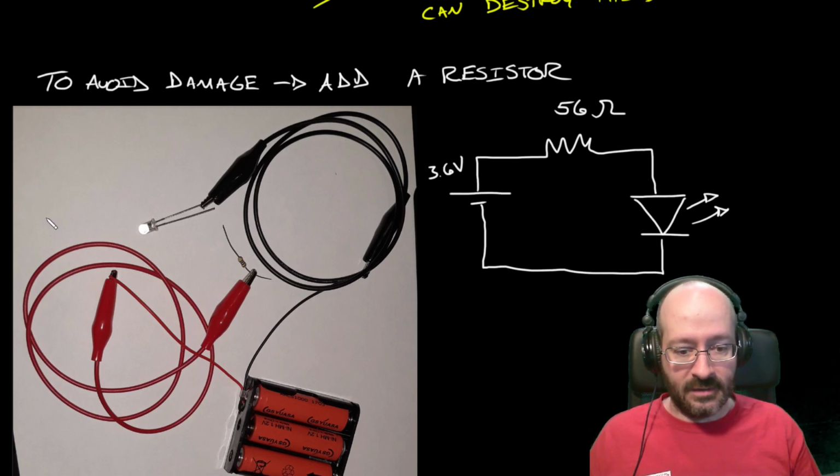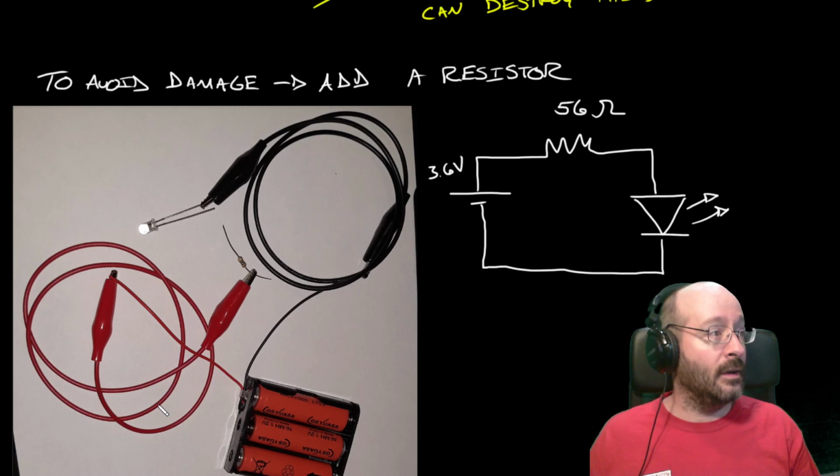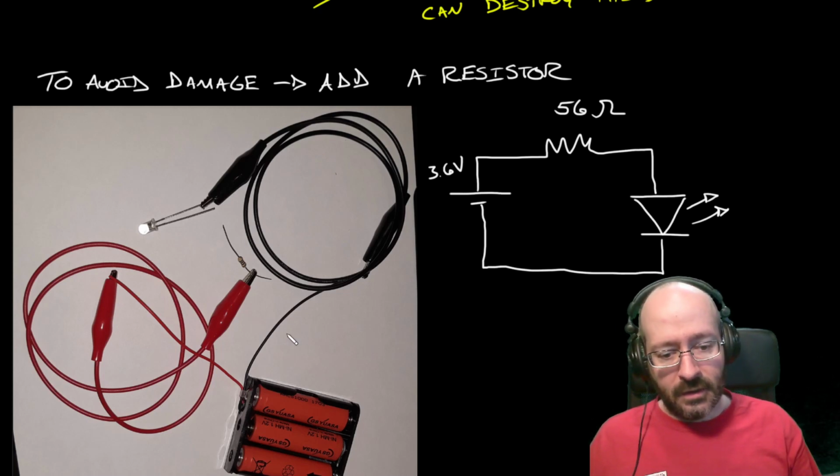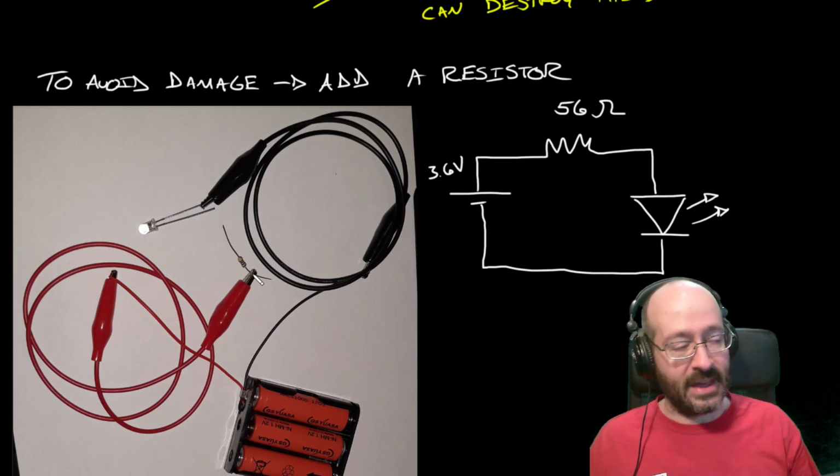And here it is built out of components. Okay, Juan got it to turn on. So black lead from the battery pack to the black alligator clip over to the cathode of the LED, and then red lead of the battery pack over to the red alligator clip, and I clipped that onto one side of the resistor.